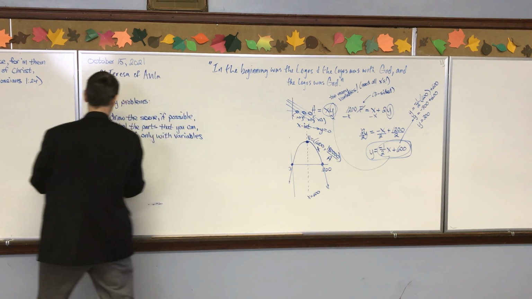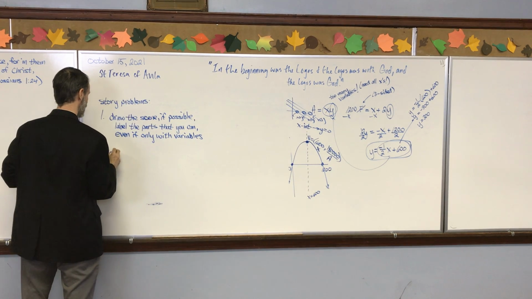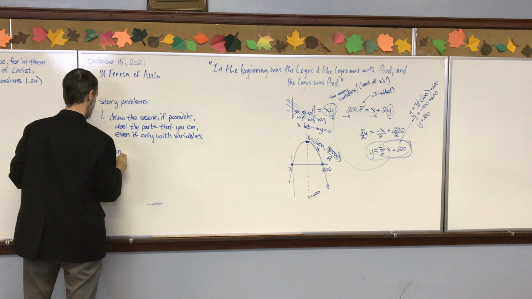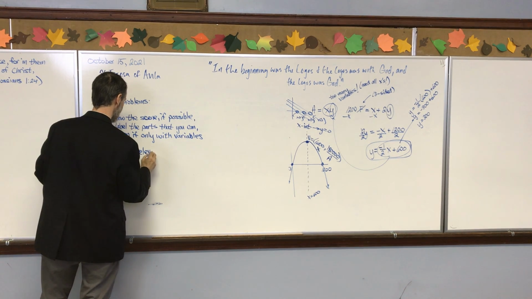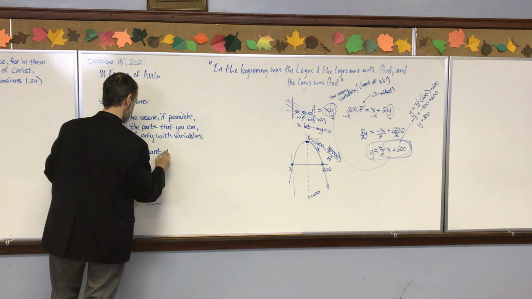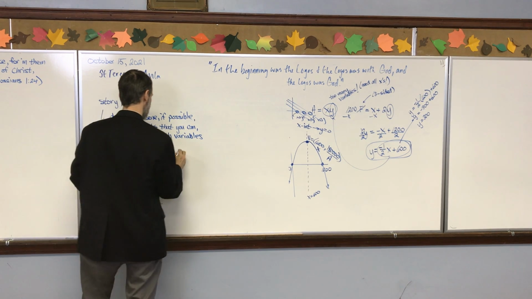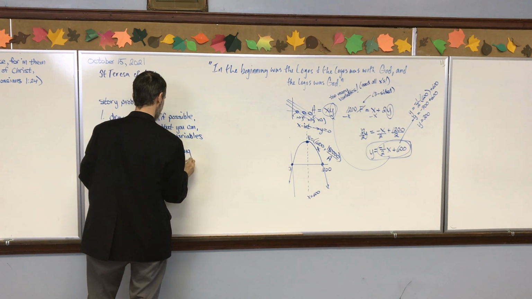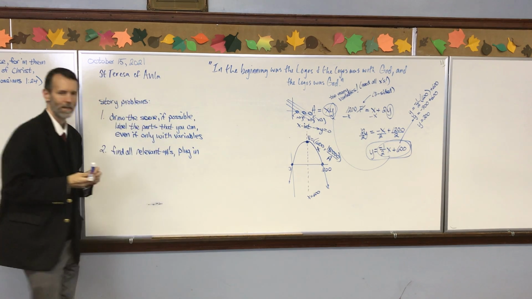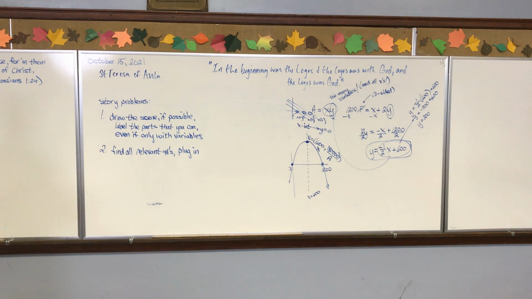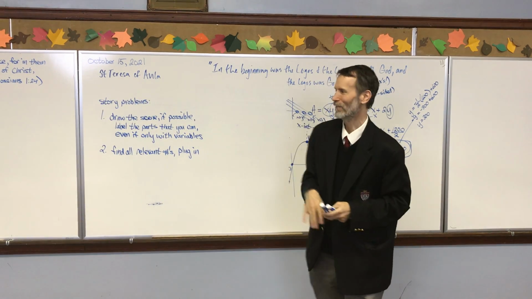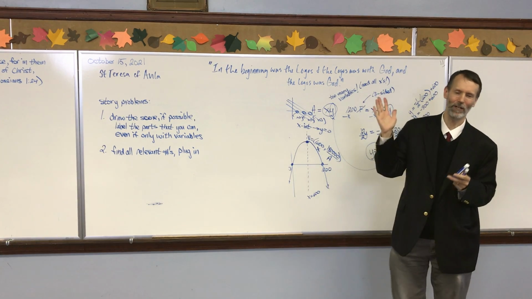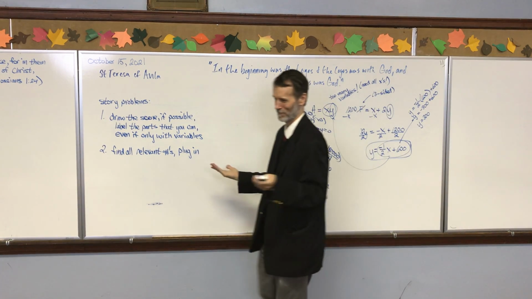Okay. Step 2. Find all relevant numbers and plug them in. They will give you some numbers, plug them in. If they give you the total area is 1,200 square feet, plug that in. If they said the total amount of fence is 1,200 linear feet, plug that in.